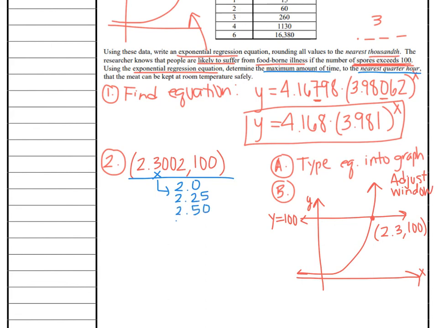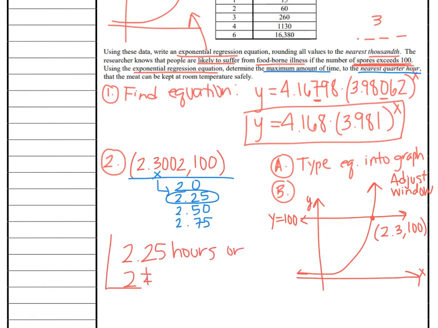So think about counting up by actual quarters, 2.75 and so forth. So which one is it closest to? 2.3 is definitely closest to 2.25. So our final answer here is going to be 2.25 hours is when it's going to exceed 100, or it might be written as 2 1/4.